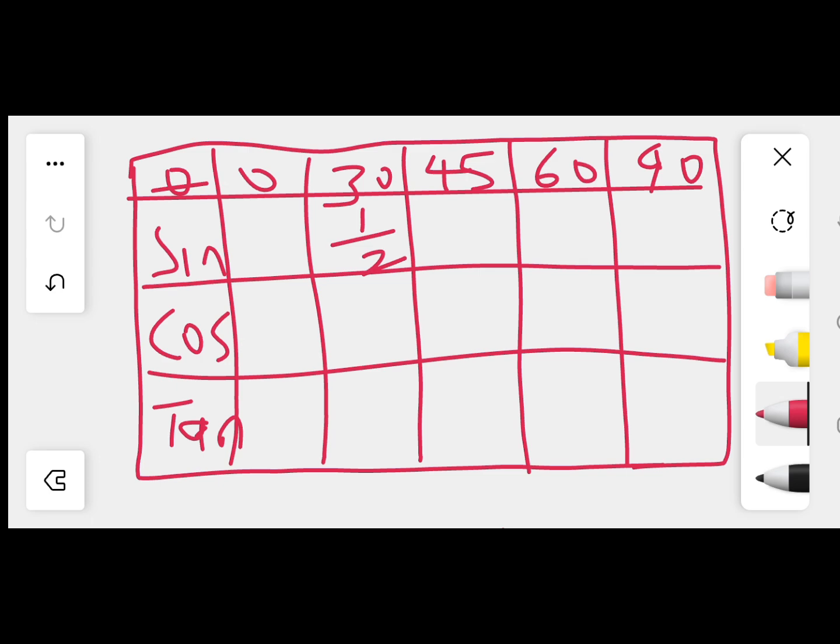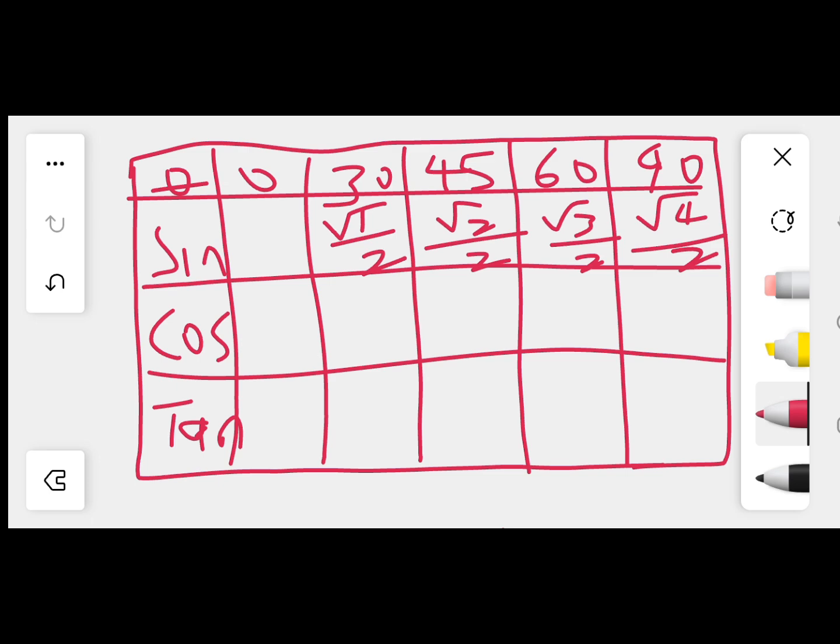Very simple. You see that sine 30, which is 1/2, just place a square root on that one, and then you have something like this, root 1 over 2. Then go to 45 and do root 2 over 2, root 3 over 2, root 4 over 2. That is all.